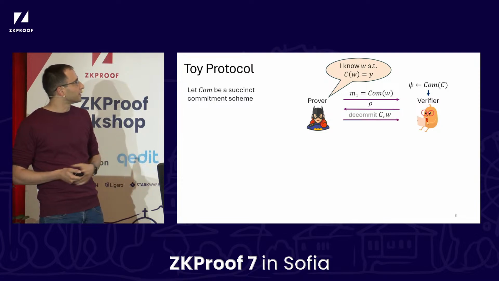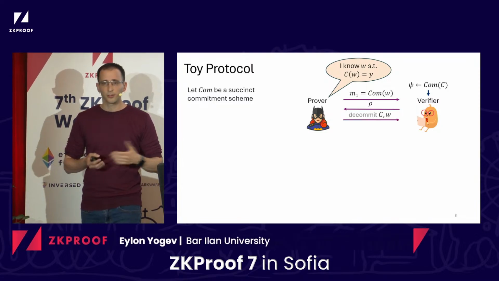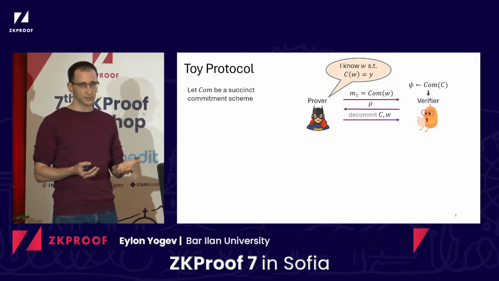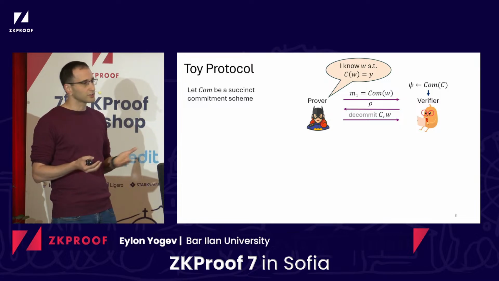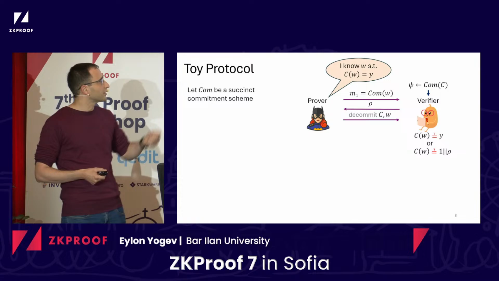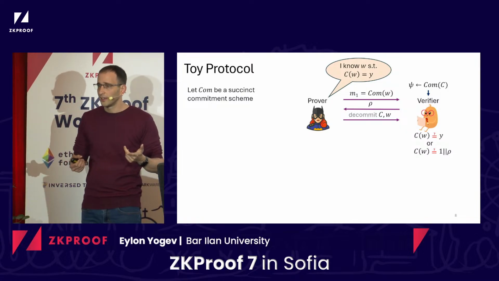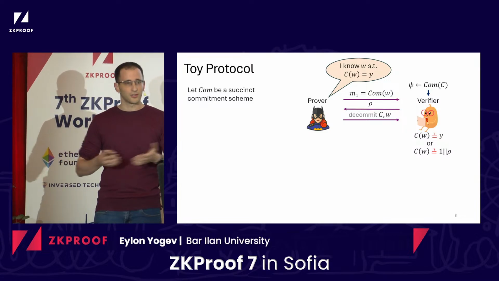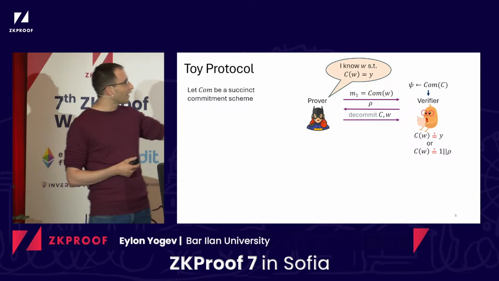Now what is the prover going to do? It's going to decommit to C and W, okay? So decommit to the circuit and decommit to the witness, okay? Okay, this is a bit silly. The prover is just sending the entire circuit and witness, okay? And the verifier is just going to check that C on W equals Y, okay? So this is a completely trivial protocol where the verifier just does all the work by himself, except we're going to add this trapdoor.